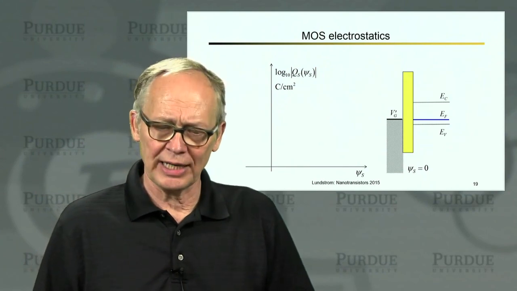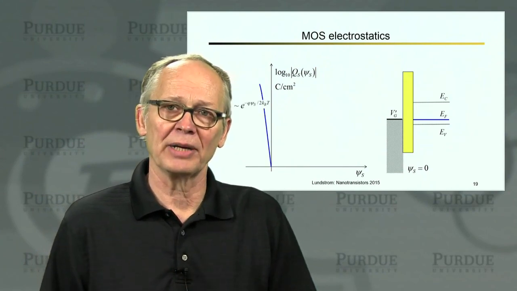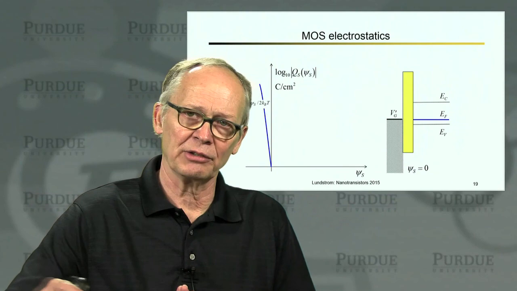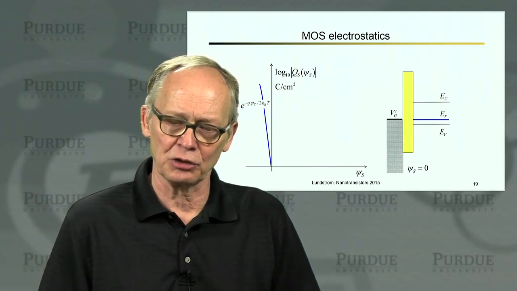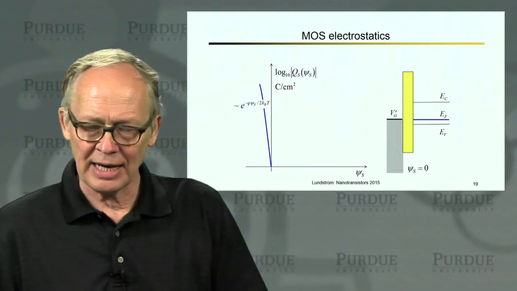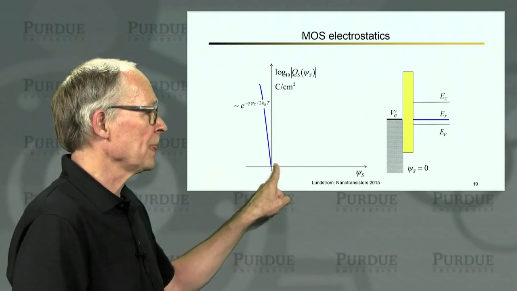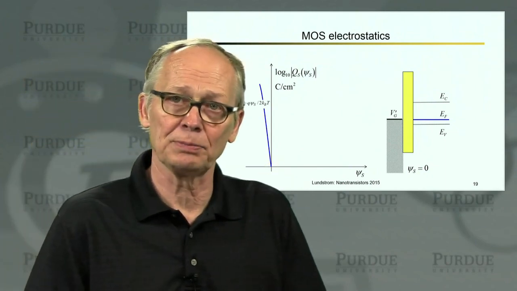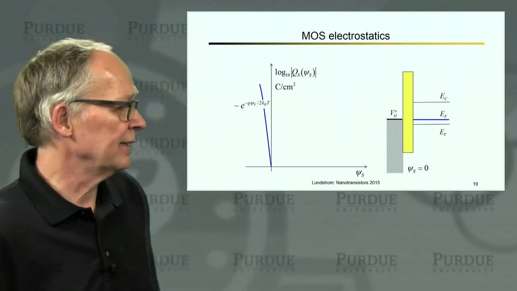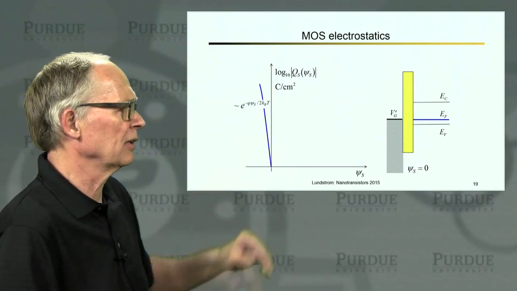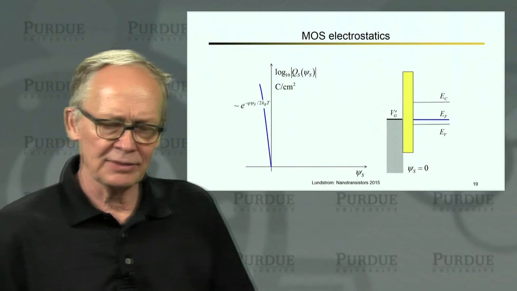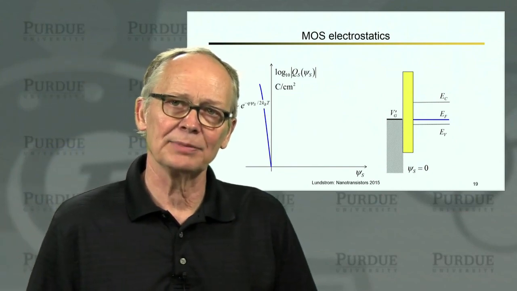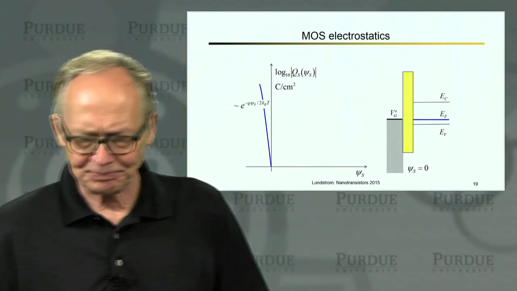We could also sketch the charge in the semiconductor, the total charge integrated through the depth, so the charge in coulombs per square centimeter, as a function of surface potential. If I apply a negative surface potential, all of those positive holes pile up near the surface. That's accumulation, so we get a very large positive charge density that increases exponentially with the band bending.